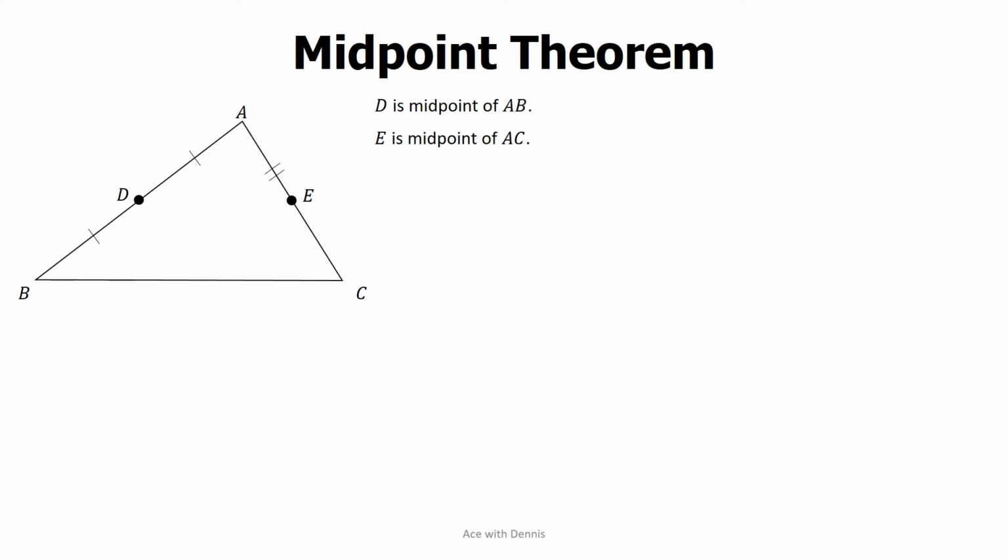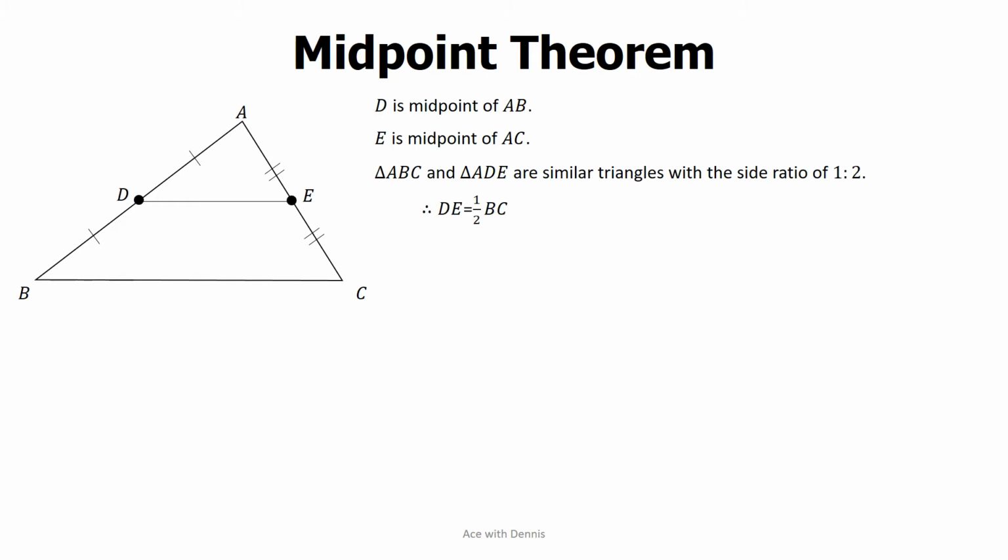Therefore, the length of AE equals the length of EC. If this is the case, then when we join the line DE, we can see that triangle ABC and triangle ADE are similar triangles with the side ratio of 1 to 2. Therefore, DE equals half BC, and DE is parallel to BC.